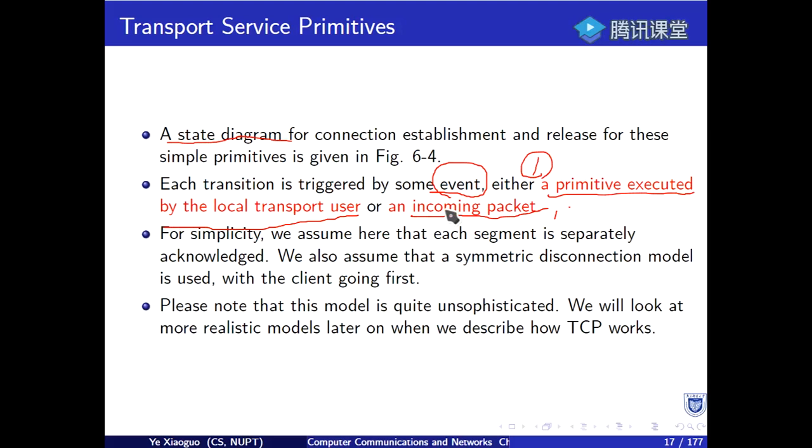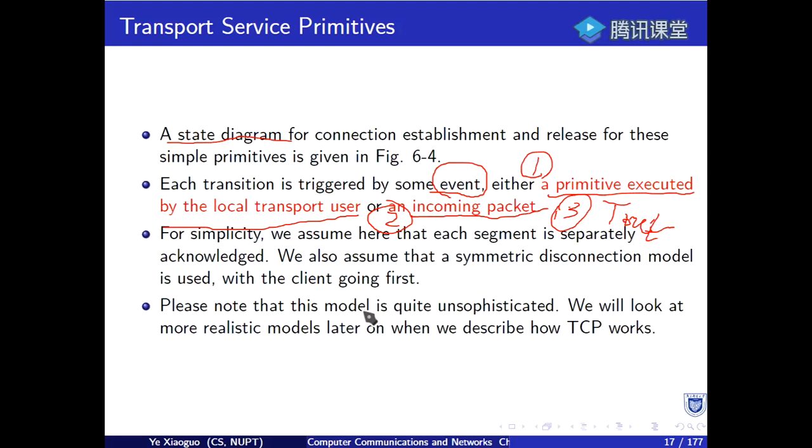The first kind of event is a primitive executed. The second is a packet arrival. The third one is a timeout, which we denote by T out.